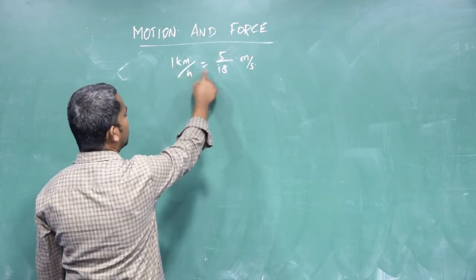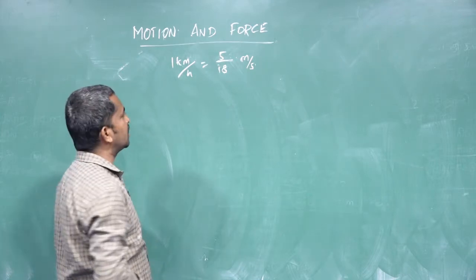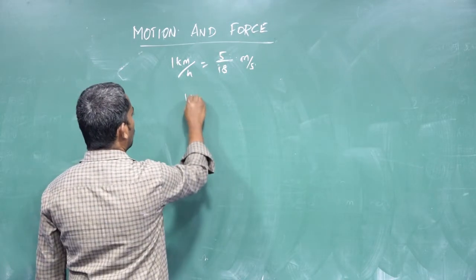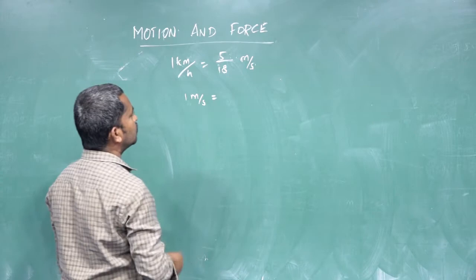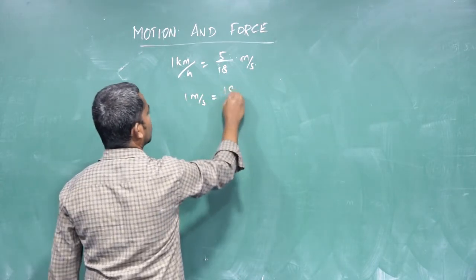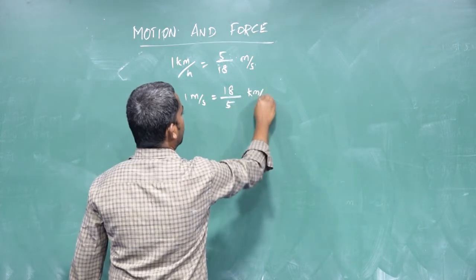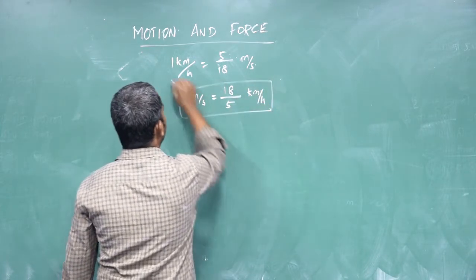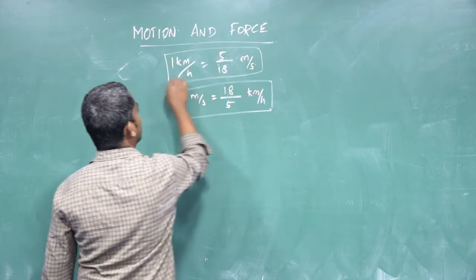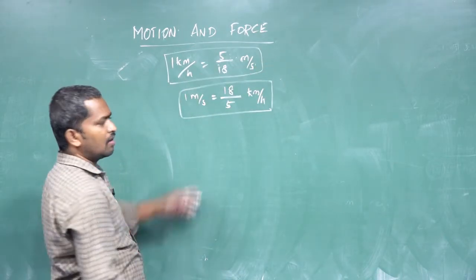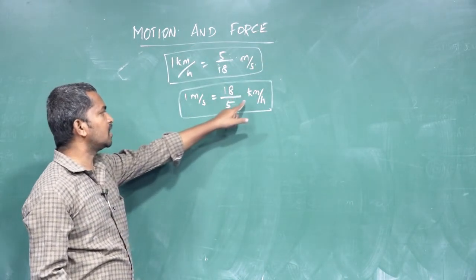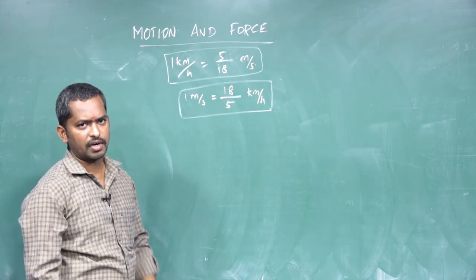For 1 meter per second, this value goes to the other side, so it is 18 divided by 5 kilometer per hour.